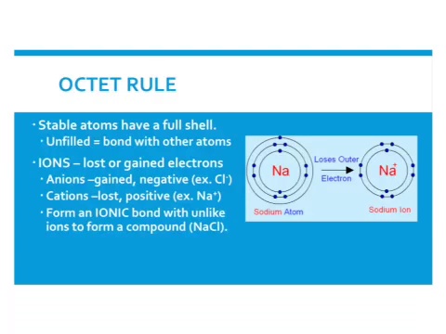These will tend to lose electrons, and because they lose electrons, they will be positively charged. A positively charged ion is called a cation. Okay? If you have anions and cations together, they will form an ionic bond, which is a weak bond, which is pretty easy to break apart.